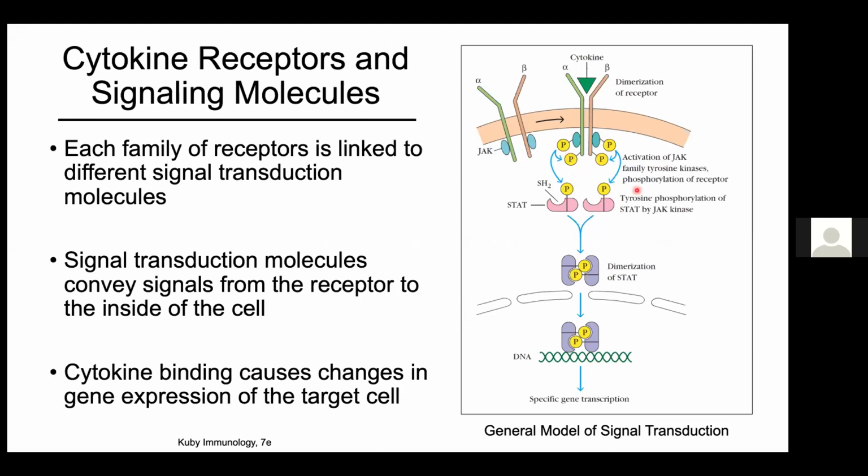And I think you've talked about intracellular signal transduction molecules in physiology, which basically is what aids in moving this signal to the nucleus so that you can get specific gene transcription, okay? So the net effect of cytokine binding on its receptor is to change gene expression of the target cell, okay?